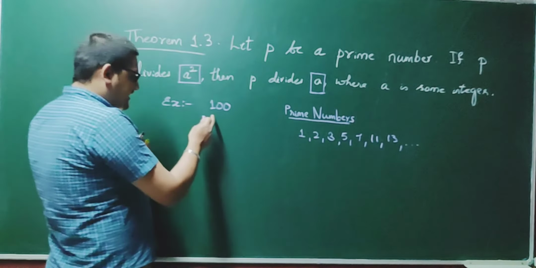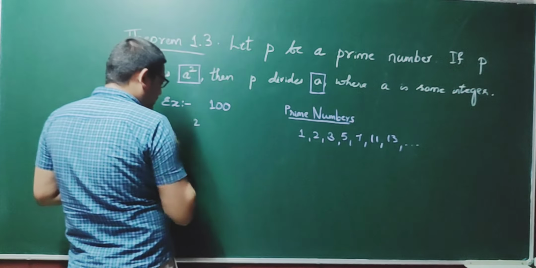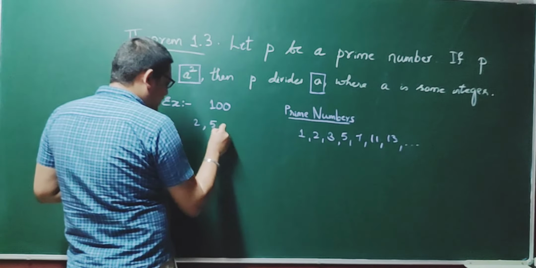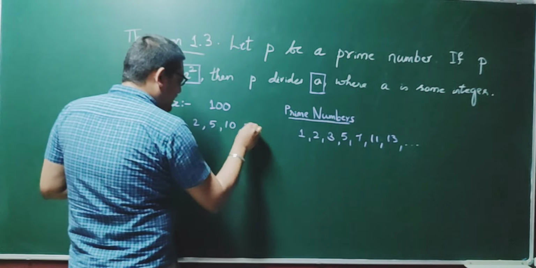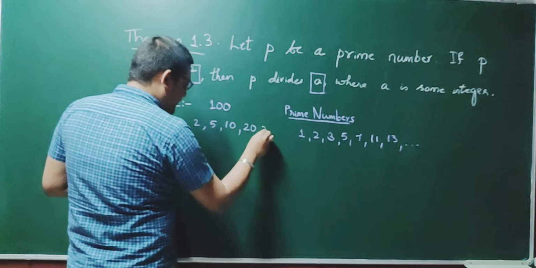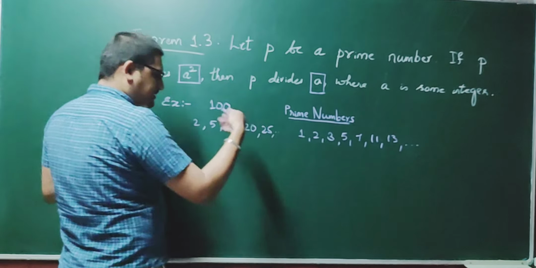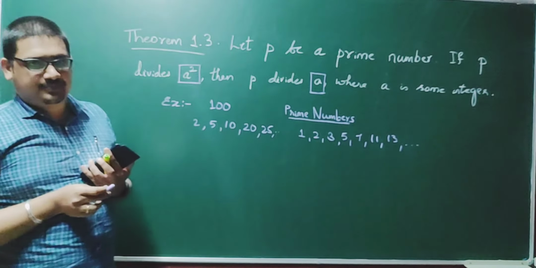So 100 is divisible by 2, it is also divisible by 5, it is divisible by 10, it is divisible by 20, correct? It is divisible by 25, and so on. We can list out 50 like that.